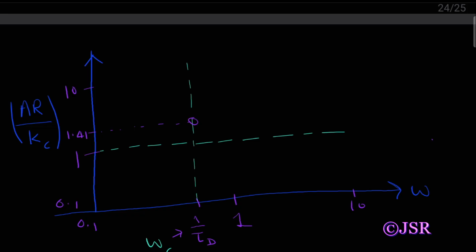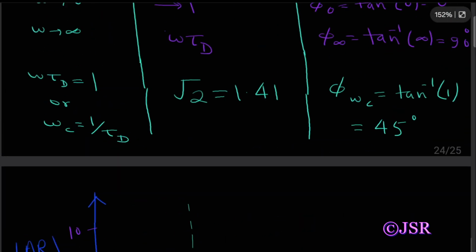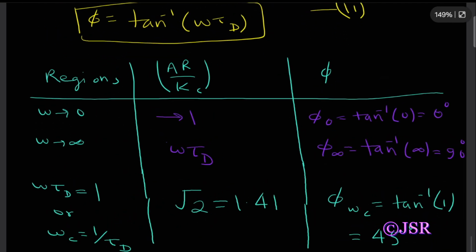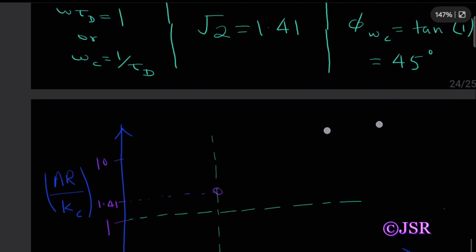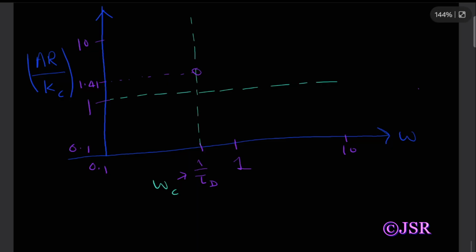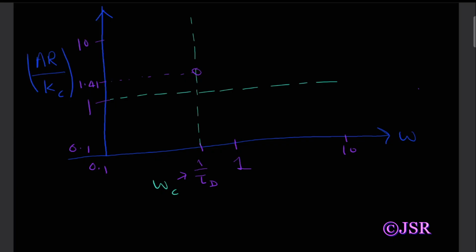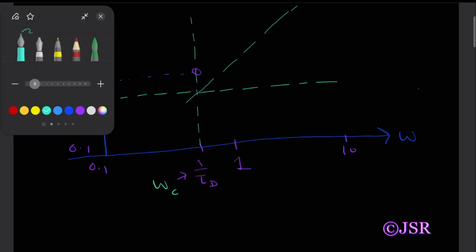and when omega tends to infinity, AR by KC is equal to omega tau d. So in this case, this is omega tau d is equal to 1 line, and this way we can plot the gain this way.